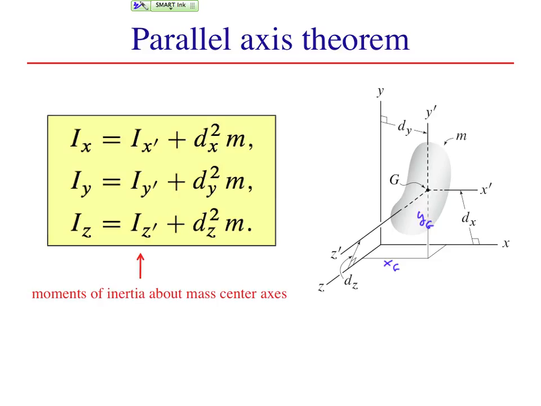If we define the distances xg, yg, and zg as the distance from the origin O to the center of mass of the object in question, then dx squared is yg squared plus zg squared, dy squared is xg squared plus zg squared, and dz squared is yg squared plus xg squared.